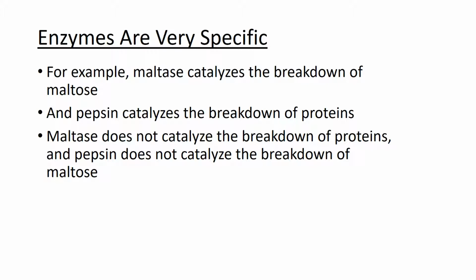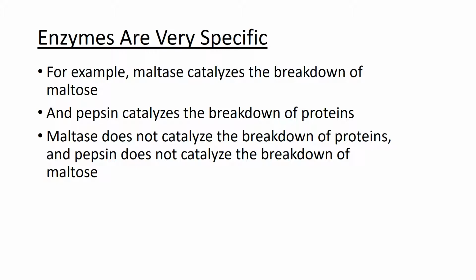And pepsin is an enzyme that catalyzes the breakdown of proteins. But you can't swap these enzymes out for each other and get the same reactions. Maltase does not catalyze the breakdown of proteins, only maltose. And pepsin does not catalyze the breakdown of maltose, only proteins. That's what we mean when we say enzymes are very specific, or that's one of the several ways in which they're specific.